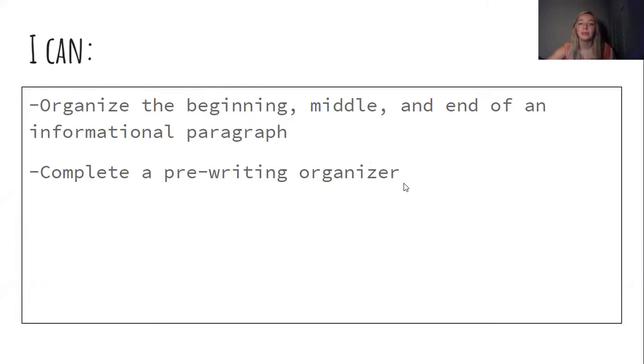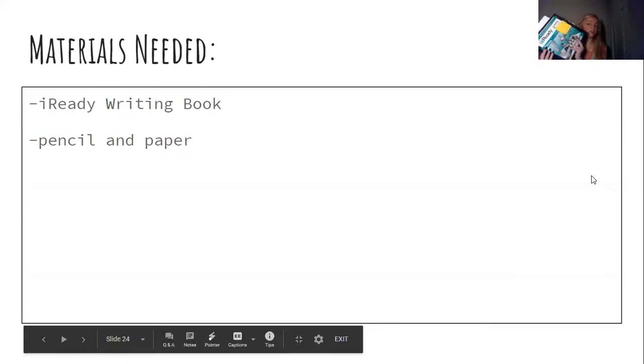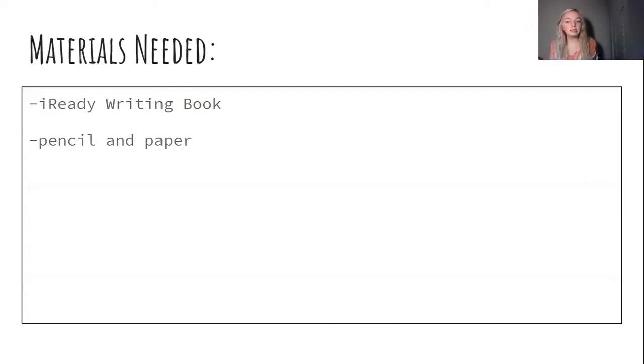So that is what we'll be working on today. And the materials you'll need today are, as always, your iReady writing books and a pencil and piece of paper. So take a minute, gather your materials, and when you're ready, unpause the video and we'll get started.